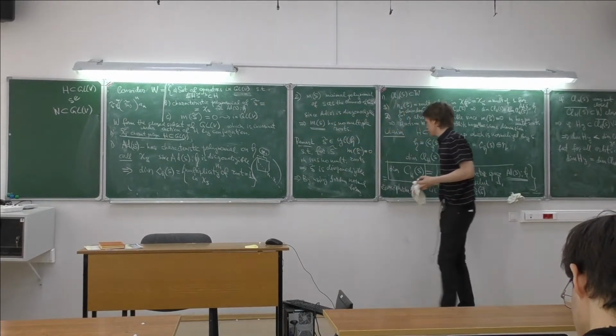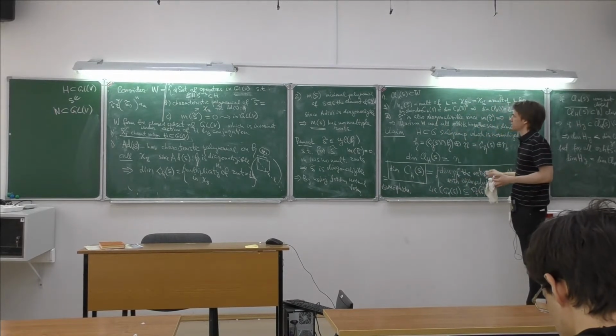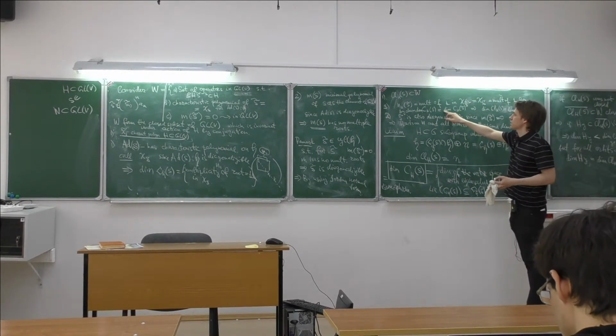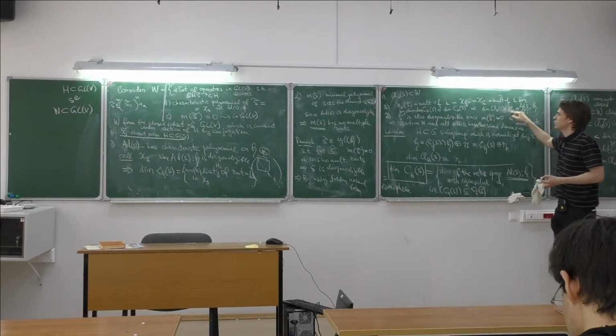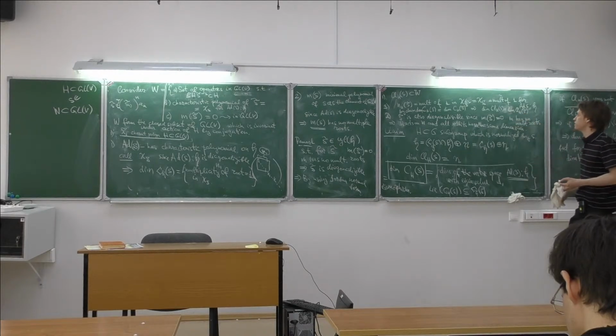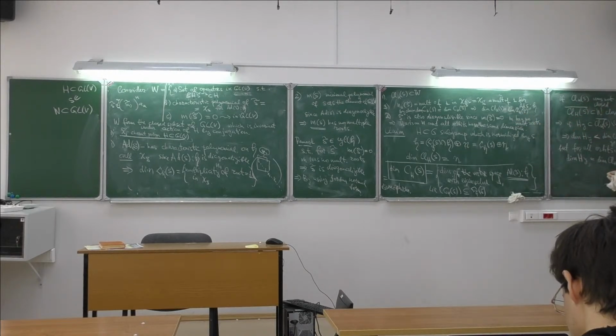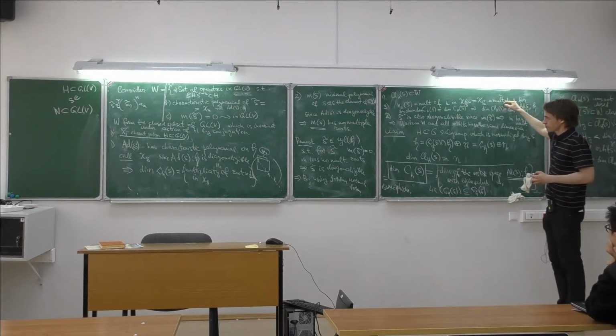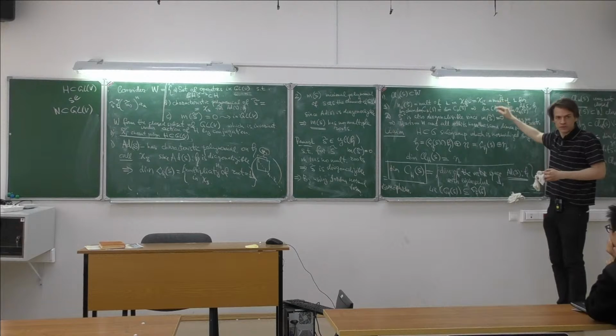So this multiplicity is the same for S and S tilde, and this implies that the dimensions are the same. So the dimensions of the orbits are the same, just by this condition on the multiplicity.